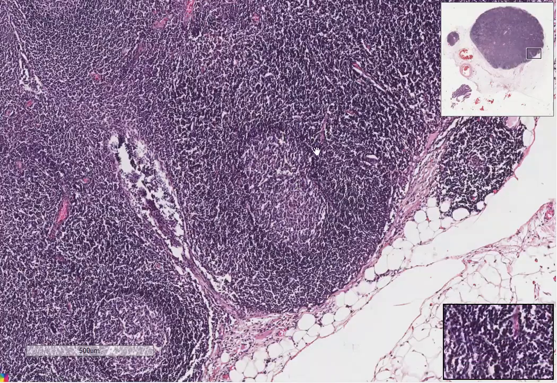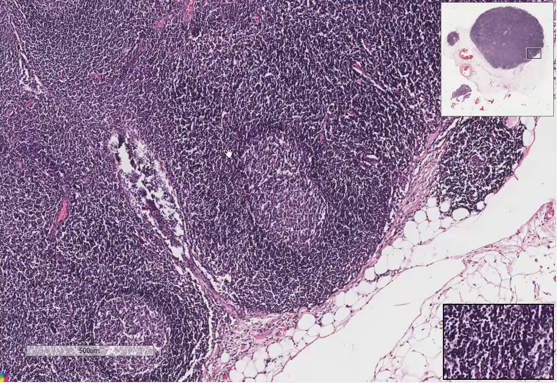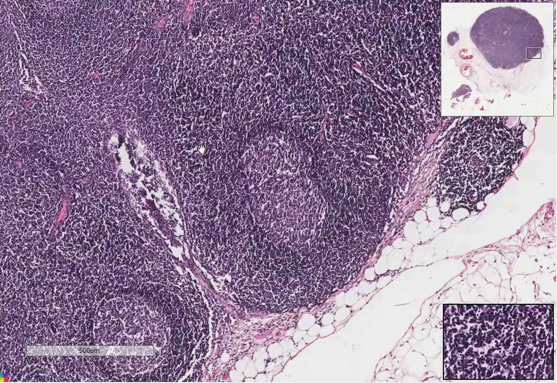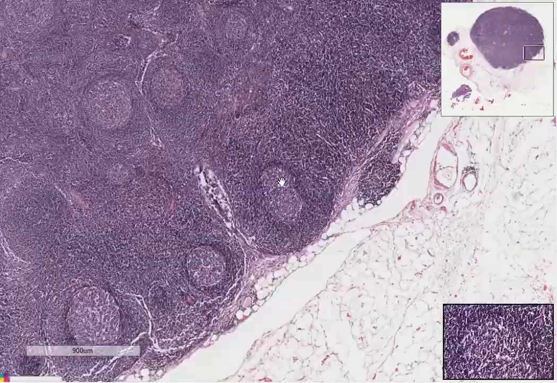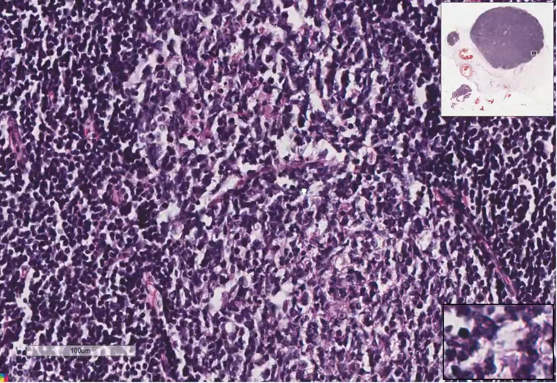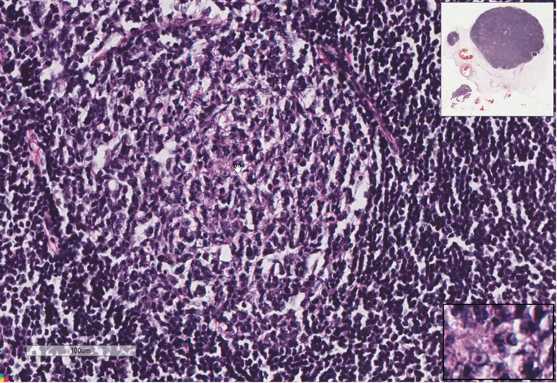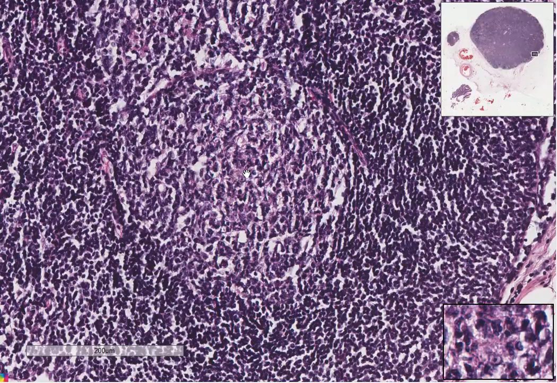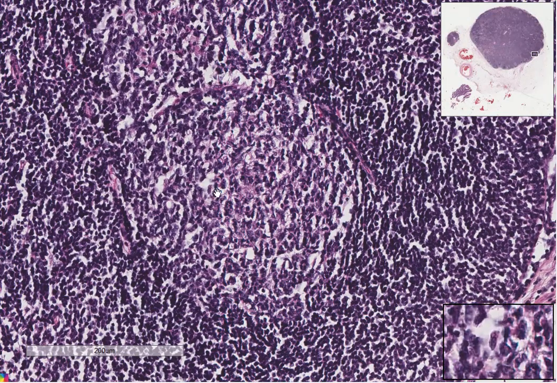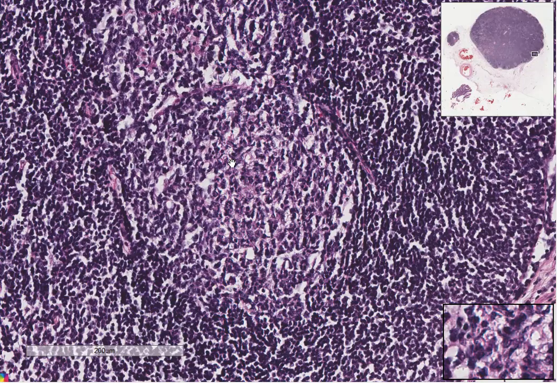So if you remember, from the mantle zone you have naive B lymphocytes, and remember these B lymphocytes are CD20 positive, right? And then in the germinal center, there are other cells which are called tingible body macrophages, and these mop up the B lymphocytes that are defective, that are recognizing self antigens, where my body is attacking self.